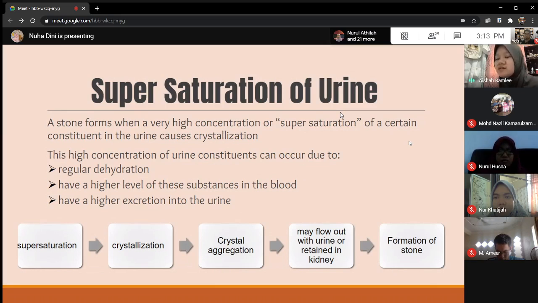For example, gout has increased uric acid, and hyperparathyroidism has increased calcium. If they have a higher level of these substances in the blood, they will have a higher excretion into the urine.